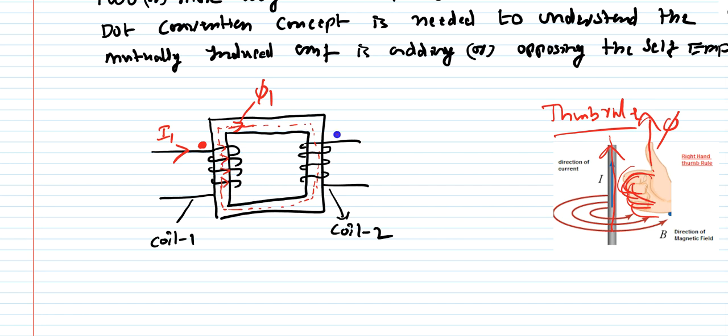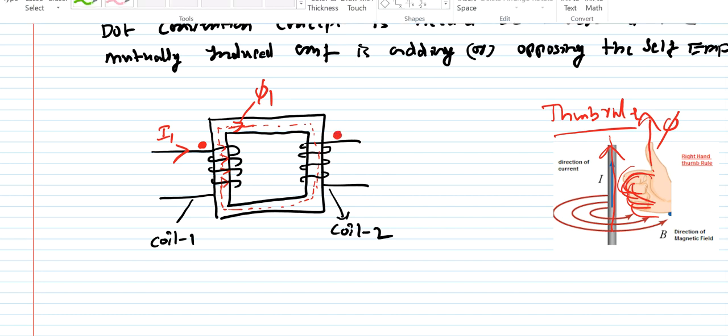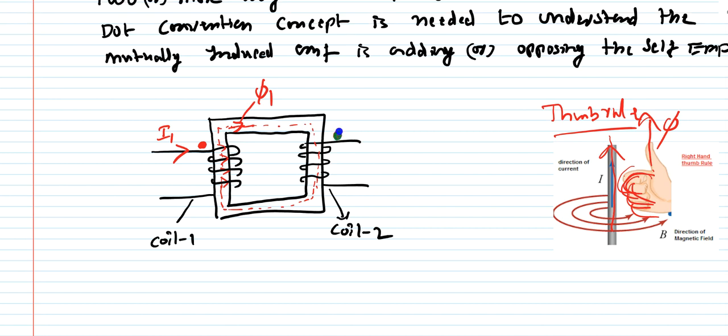Similarly, if I take the second coil also, this is the dot convention here, and it means that this is the current direction. Say some current I2 is flowing in this direction.